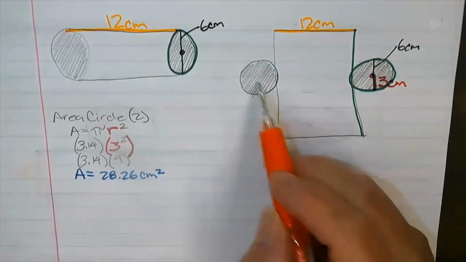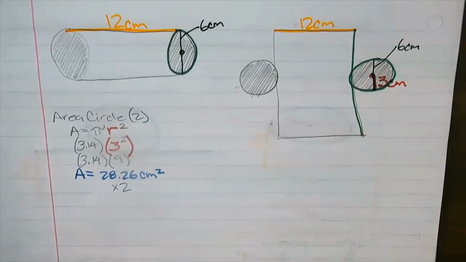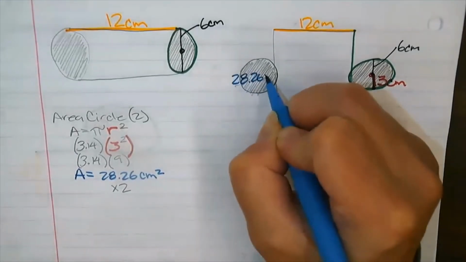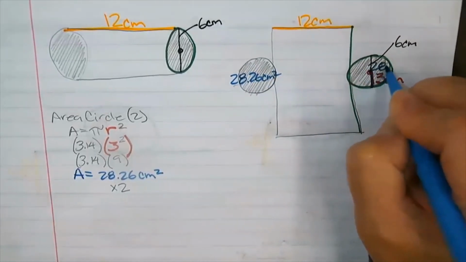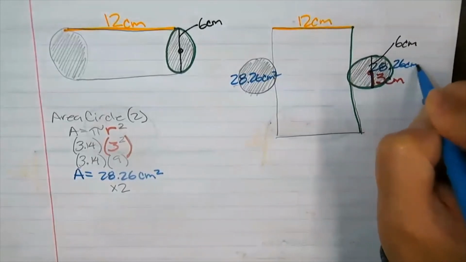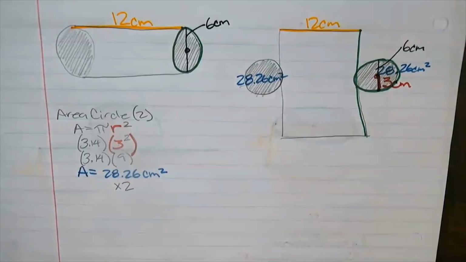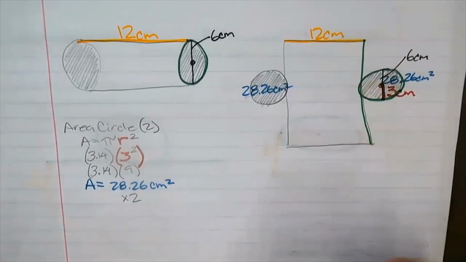But remember, I have 2 circles, so this is times 2. Now, I personally like to put my area in here so that I can see what I've done and what I still need to do. Okay? So now I need to find the area of this rectangle.